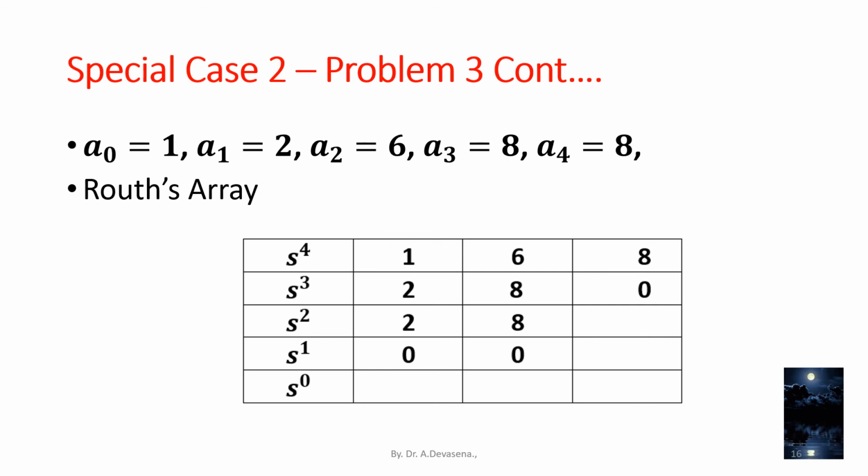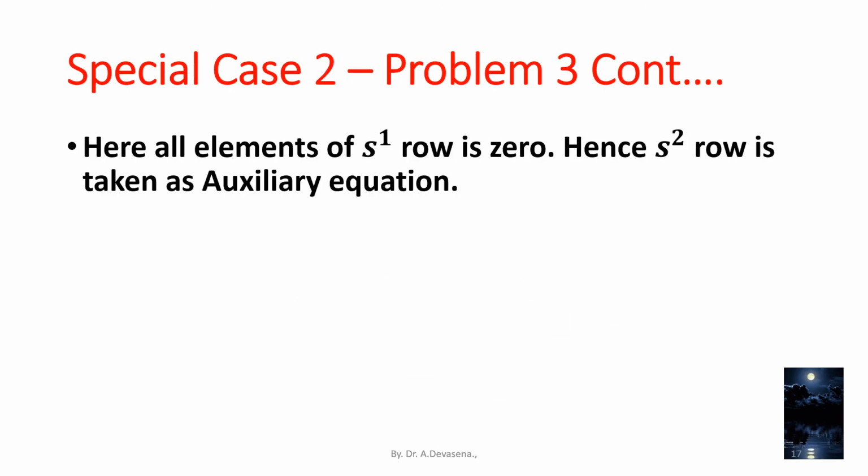S^1 row comprises of 0, 0. It is calculated with the help of s^3 row and s^2 row. Here all the elements of s^1 row are 0. Hence s^2 row is taken as auxiliary equation, because if a complete row is having 0 values, it comes under special case 2.